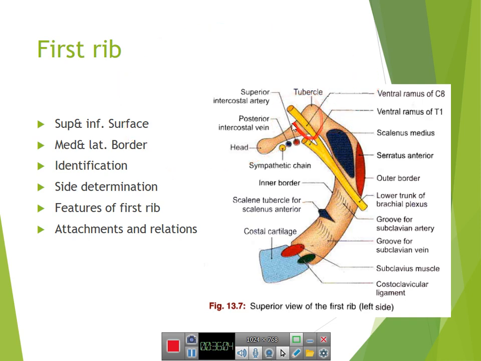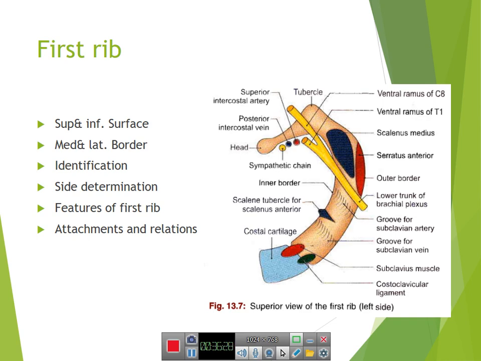Another point is the tubercle. The tubercle of the first rib that I'm showing here is a big tubercle after the neck of the first rib. The tubercle is large and coincides with the angle of the rib. So, in other words, we don't have an atypical angle in the first rib.